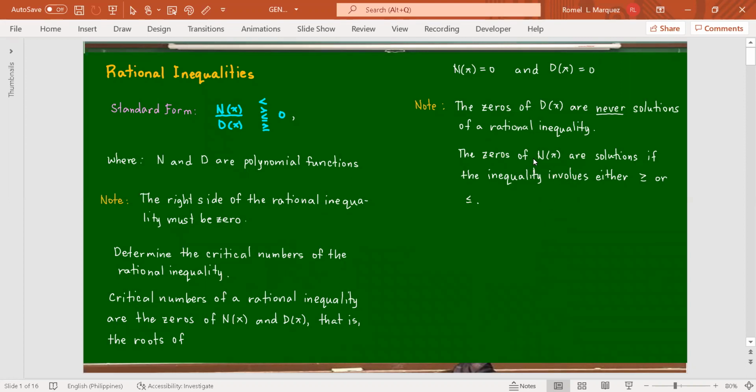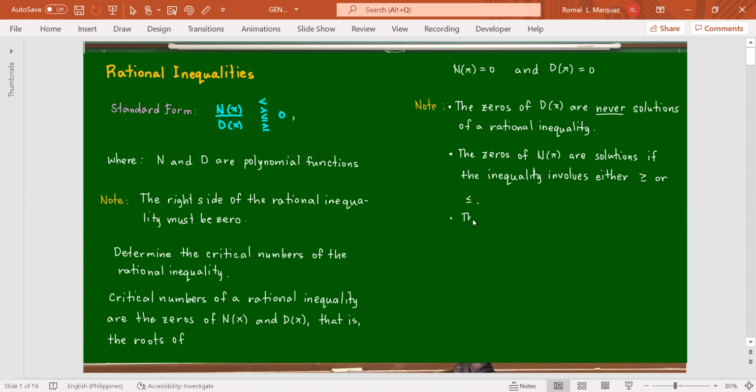But the zeros of the numerator are not solutions if you have less than or greater than 0. Okay, children? Did you get that, guys?